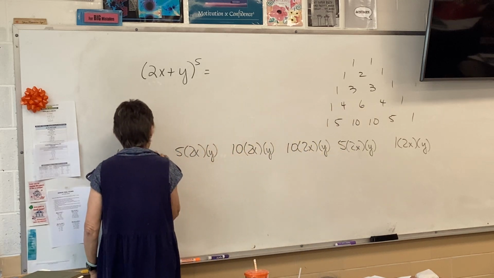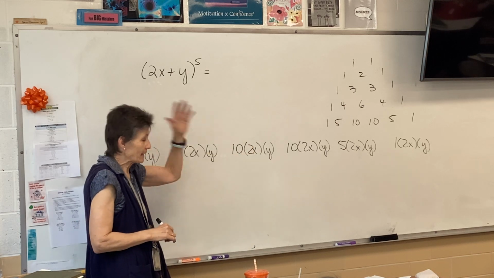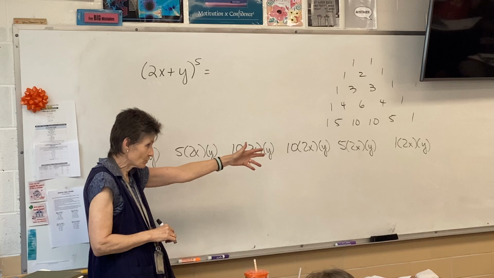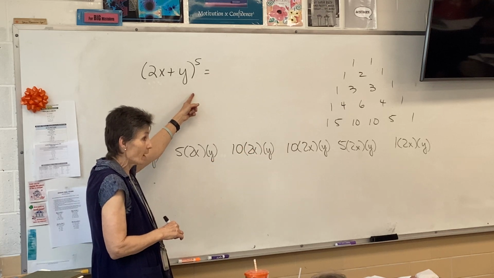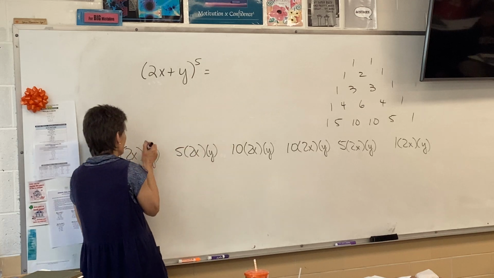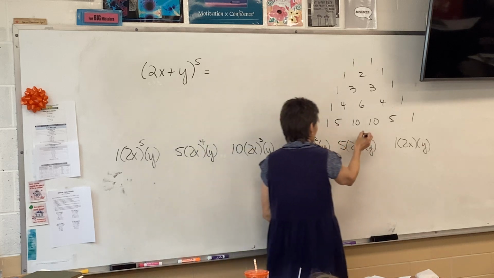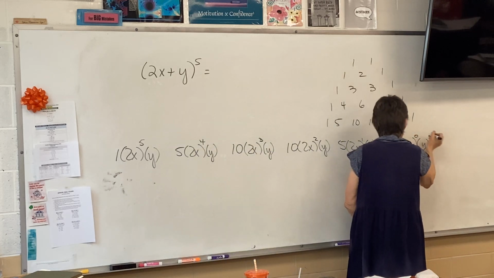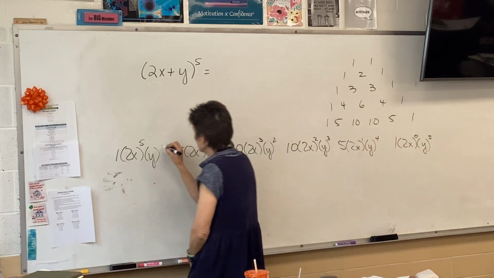So, let's stop right there. Elijah, I get my coefficients written down. Everything gets a 2x and a y. And then I put my powers on, starting with 5, 4, 3, 2, 1, 0. And then for y, now it's 0, 1, 2, 3, 4, 5.